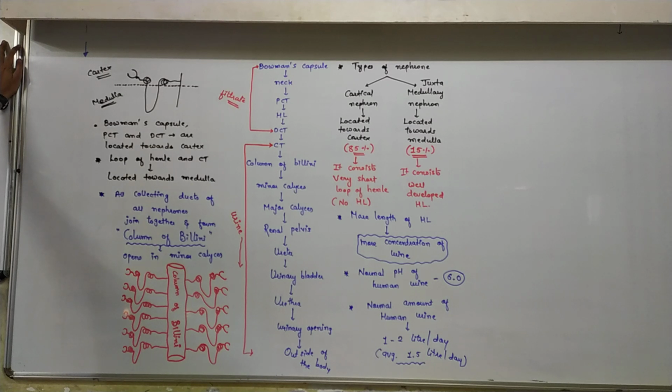This amount varies according to the amount of water intake by the person, but on average 1.5 liters of urine is excreted per day.